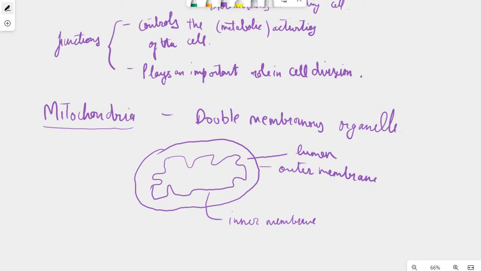So there's the outer membrane, the lumen, and the inner membrane is folded into projections, or folded into cristae. These shapes we call cristae, and we can see the matrix, the fluid in the mitochondria.